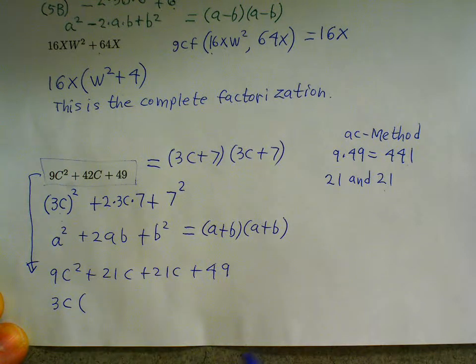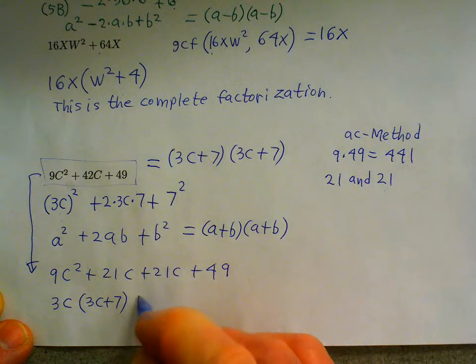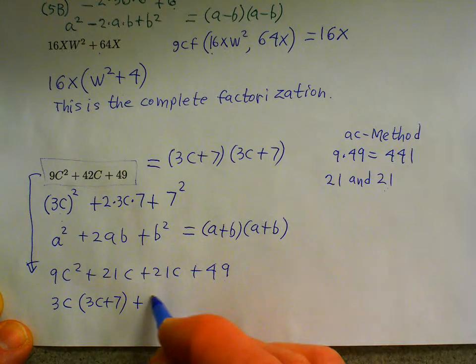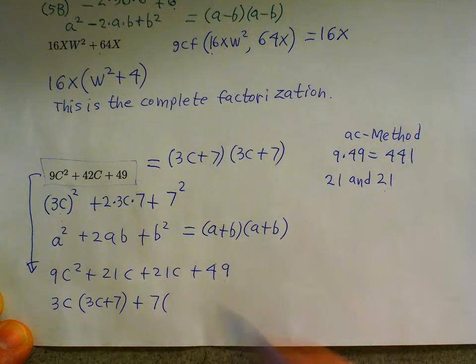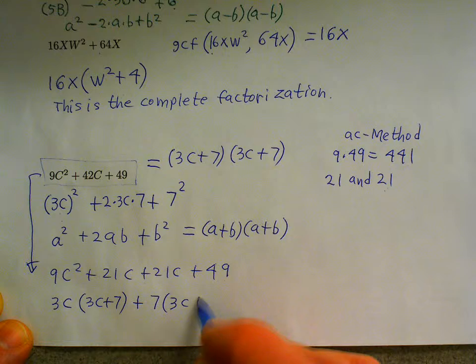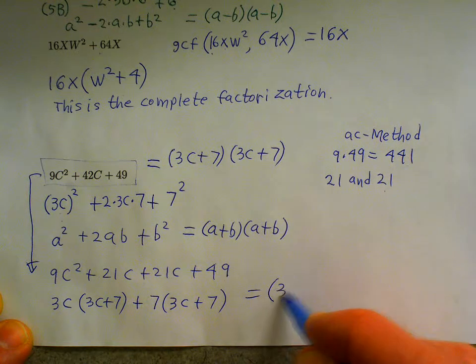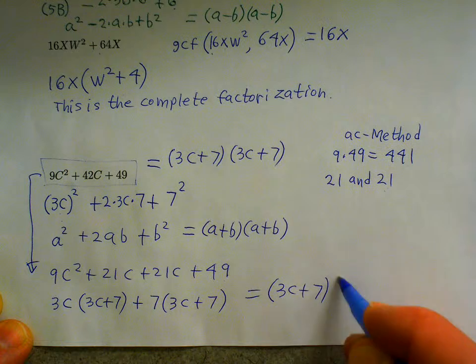And the binomial that stays behind is 3c plus 7. Bring down the middle operator of addition. Out of the third and fourth terms, 21c plus 49, the greatest common factor is 7. Factor that out, and the binomial is 3c plus 7. And then factor 3c plus 7 out, and the other factor is also 3c plus 7.